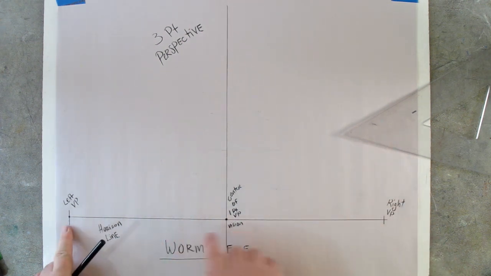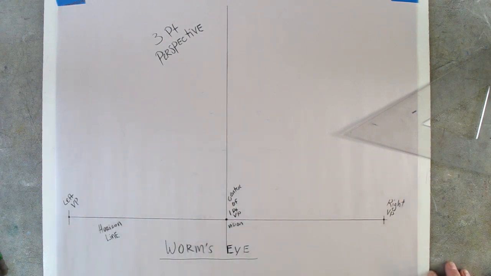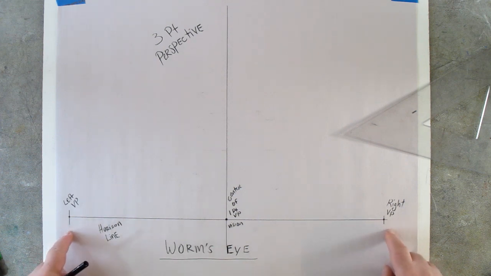Now don't think that because I have these three, that's the three point. That's not what three point refers to. We're going to show you three point for a one point perspective box and three point for a two point perspective box, and they can both exist at the same time.